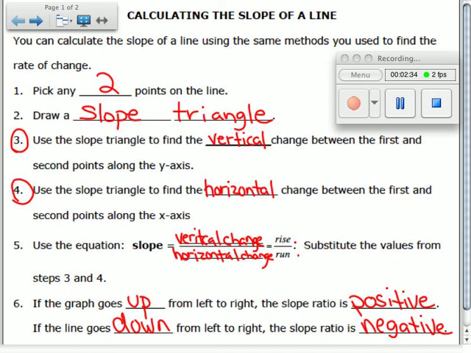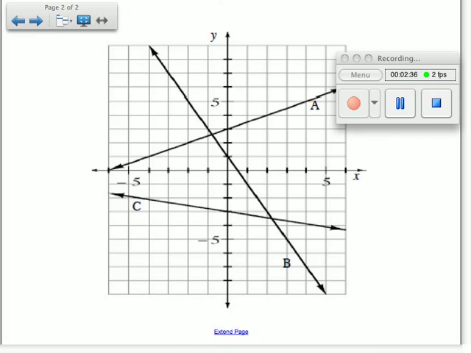Okay, now let's take a look at the example. Here's the example, and we have some lines going in different directions. I'm going to start with line A, and the first step on this sheet was to choose any 2 points. Now, we're not just going to randomly choose 2 points, because if I choose this point here on this line, and I choose this point here on this line, I have no idea what the location of those 2 points is.